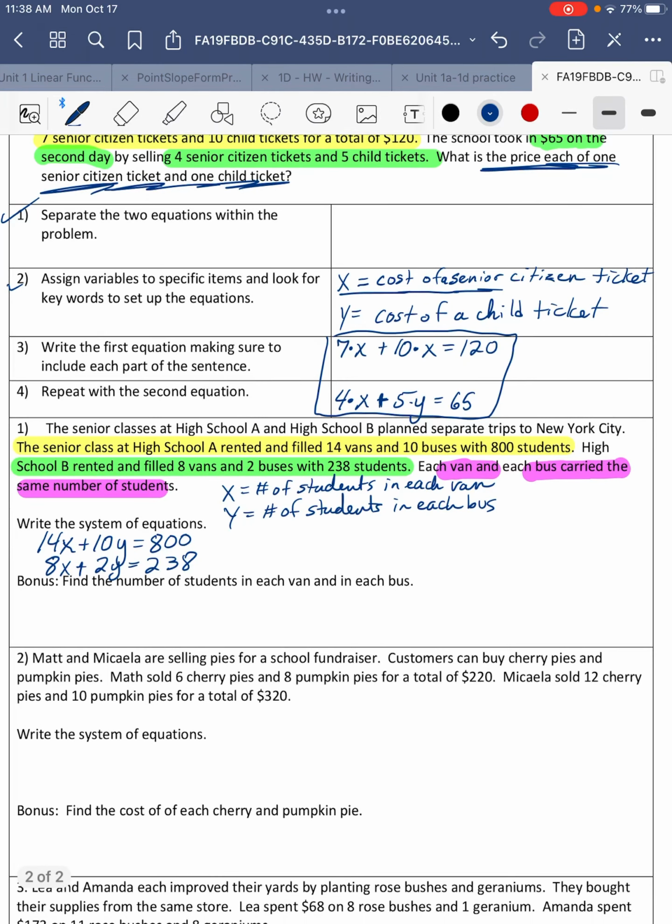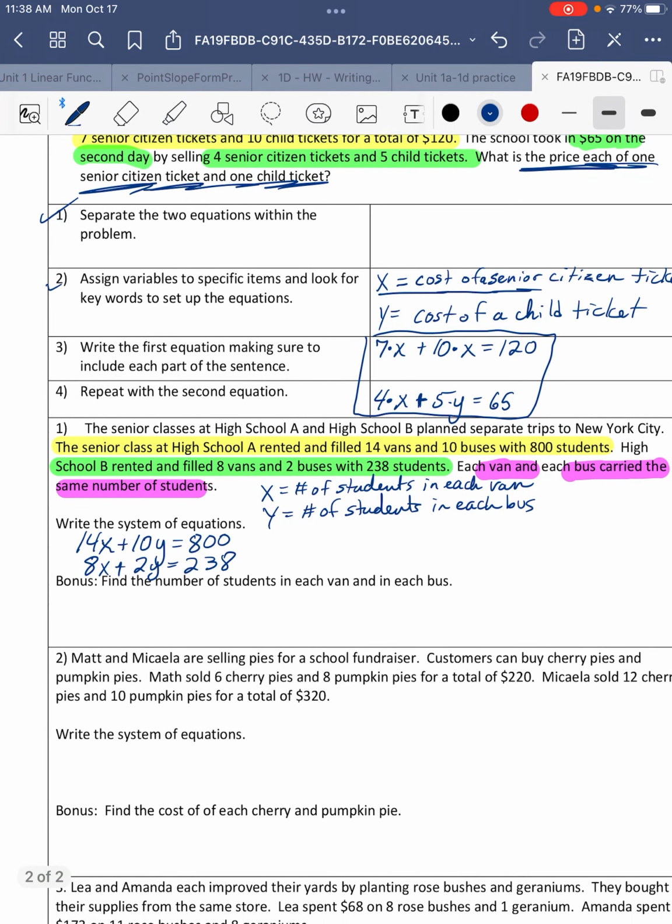And if you want to find the number of students, so that's my expectation, that you set them up. Now, if we want to actually solve, I'm going to multiply the bottom equation by -5 to get the y terms to be opposite. So I have 14x plus 10y equals 800.